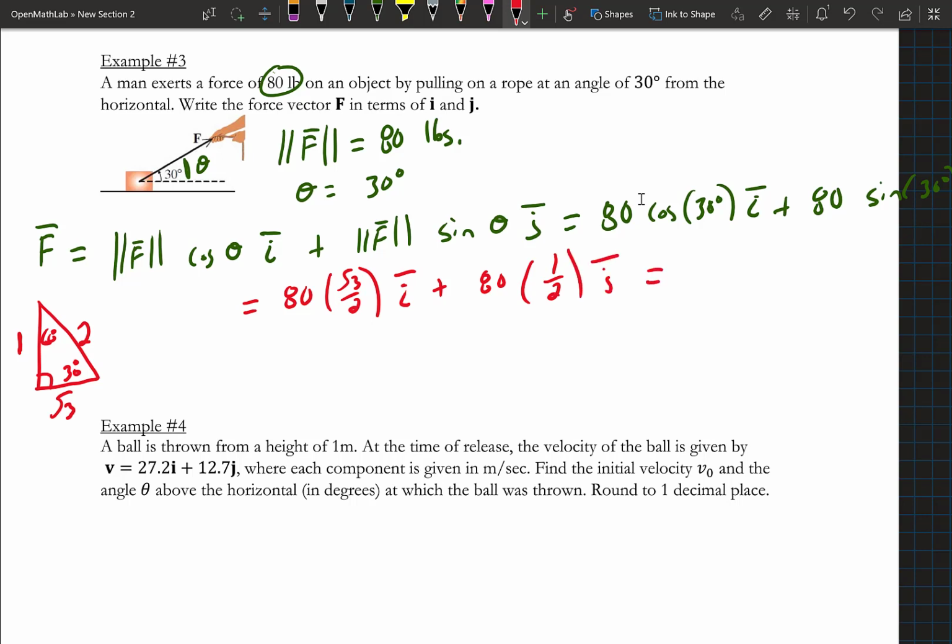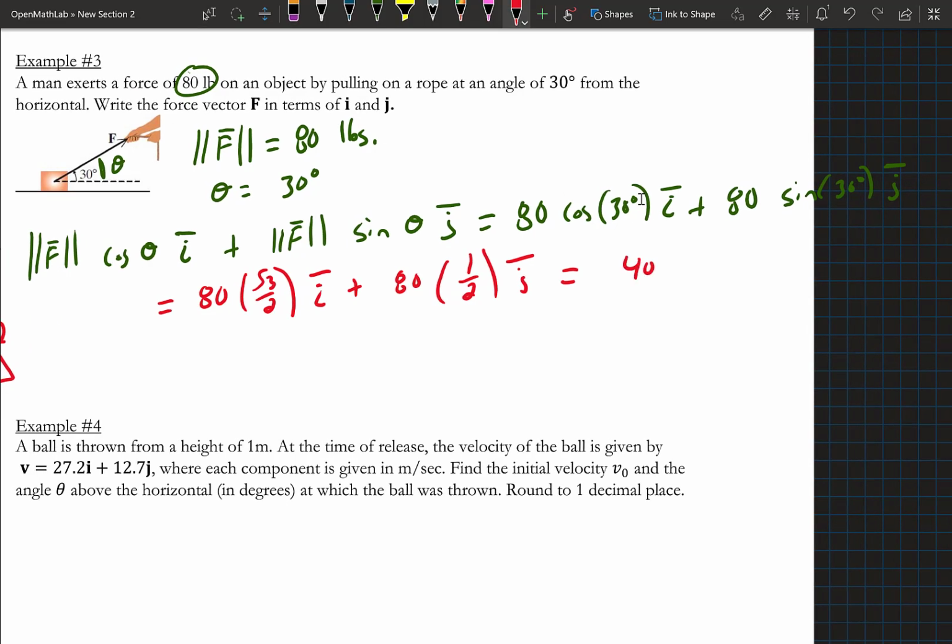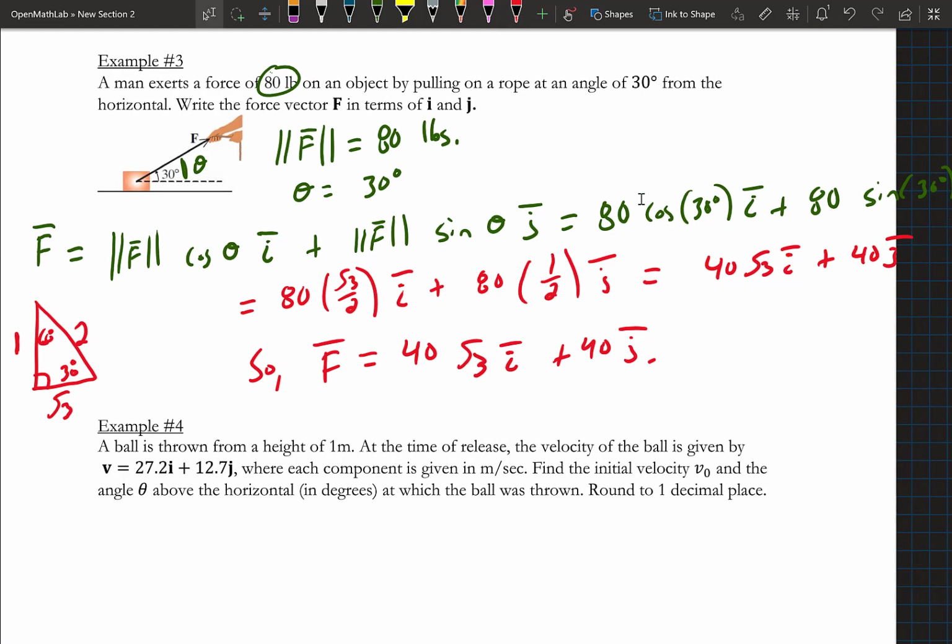So this equals 40 radical 3 times i plus 40 times j. So in other words, the vector F is equal to 40 radical 3 i plus 40 j. So that's what we are looking for. We found the force vector F in terms of i and j.